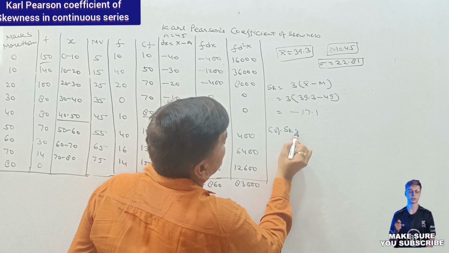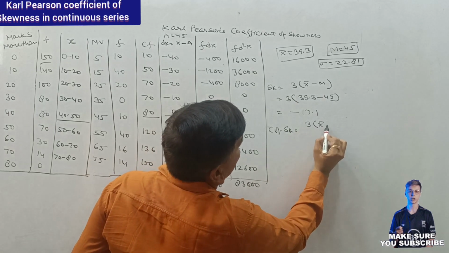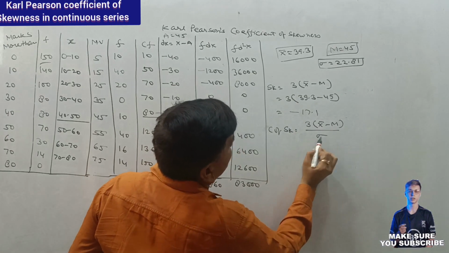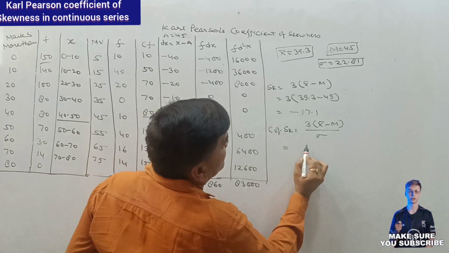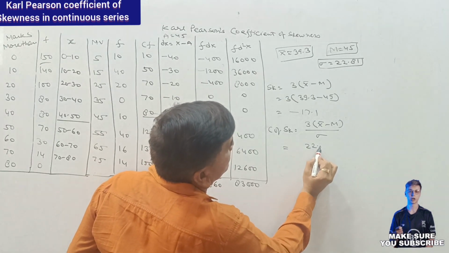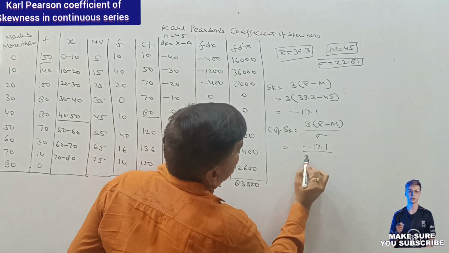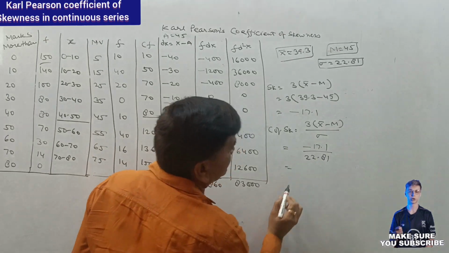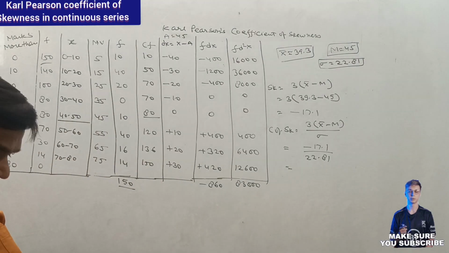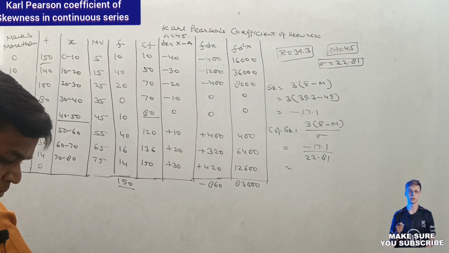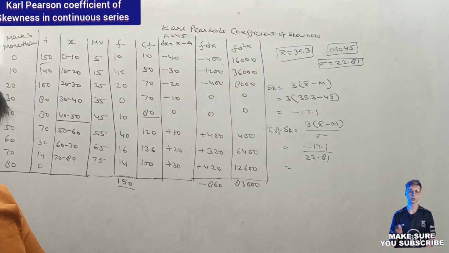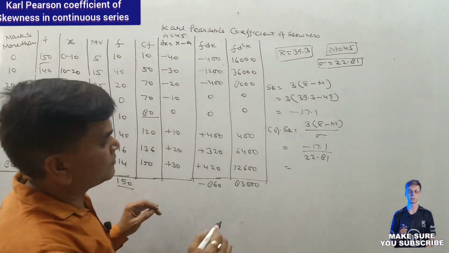Coefficient of skewness is 3 times x bar minus m divided by standard deviation, that is minus 17.1 upon 22.81, that is minus 0.749.